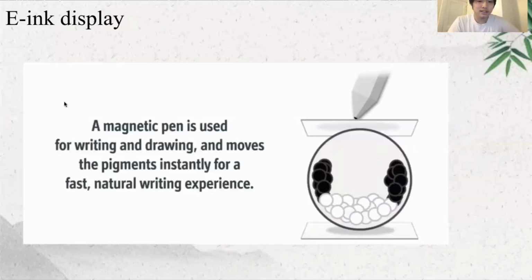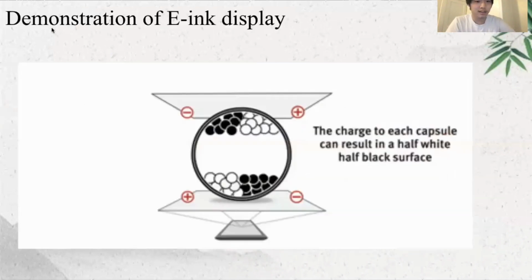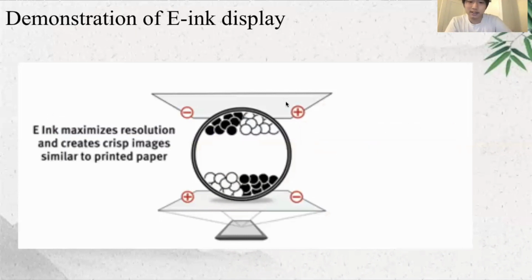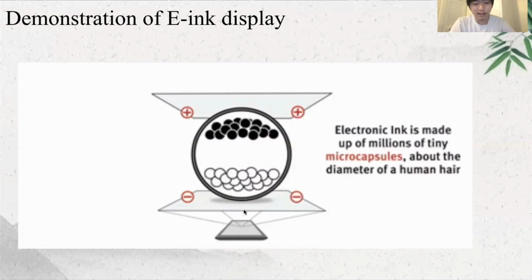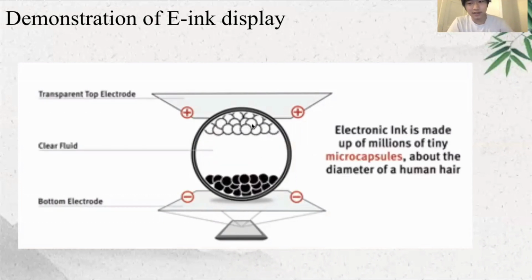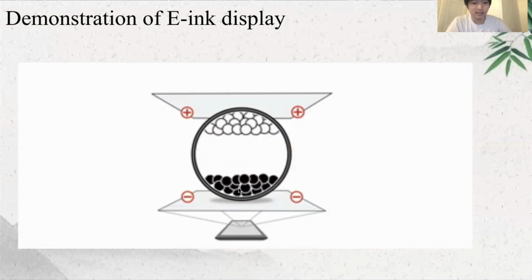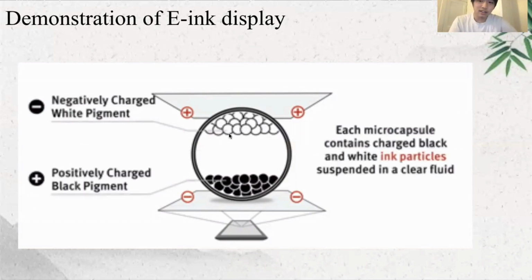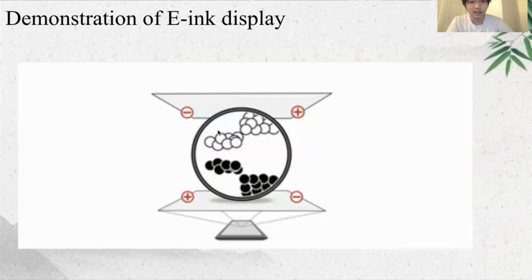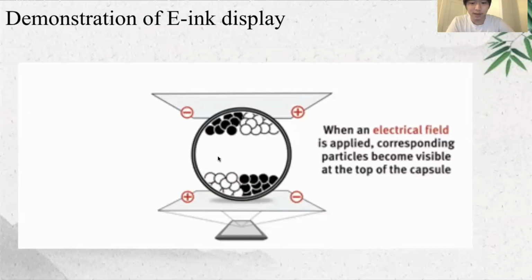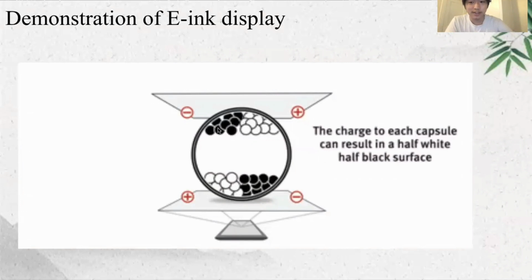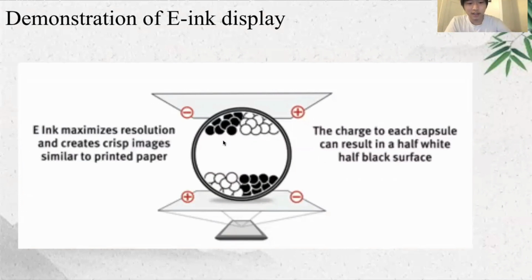Here is a demonstration of the e-ink display. We can see the electric fields, negative and positive, and we can see the black and white pigments. As I said before, the white pigments are positively charged, and the black pigments are negatively charged.